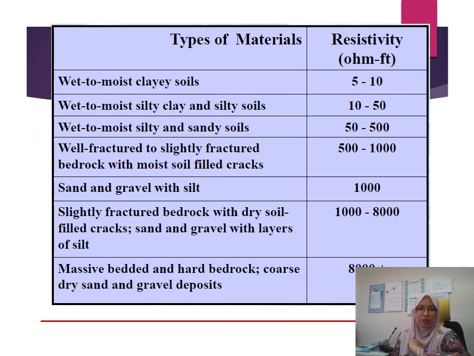This is the type of material, and then we have the resistivity value. From the resistivity value that we capture from the detector, we can correlate to the type of material that you have on site.